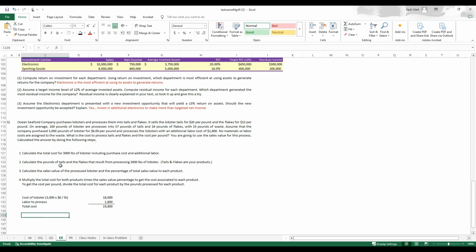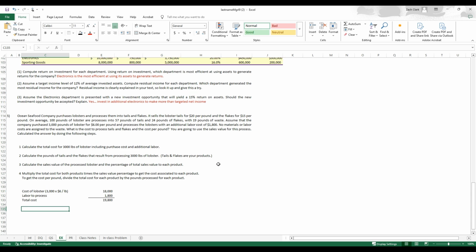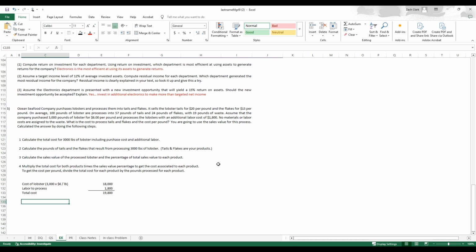Okay, and then let's calculate the pounds of tails and flakes that result from processing. Tails and flakes are your products, so pounds of tails is going to be 3,000 pounds of lobster times, and it says on average 100 pounds of lobster processed into 57 pounds of tails, 24 pounds of flakes, and 19 pounds of waste. So 57 per 100 is the same thing as 0.57 or 57%.